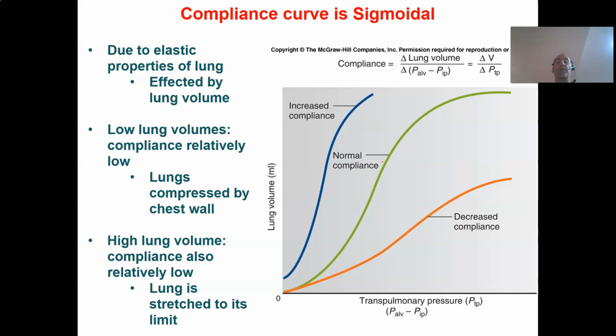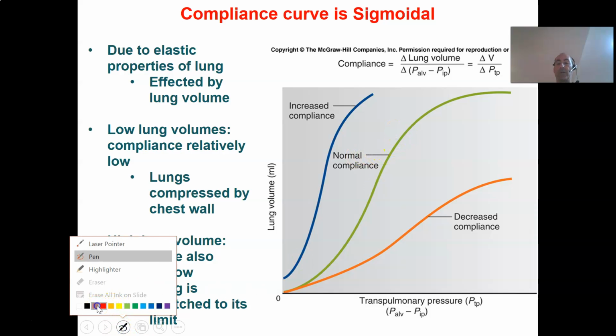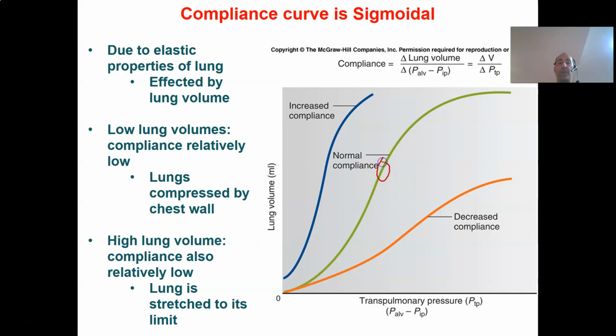This new graph represents compliance, but three different compliances. The green one in the middle is normal. This blue is high compliance, and this orange represents low compliance.